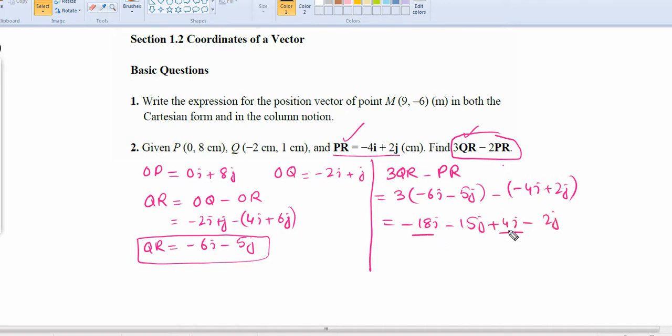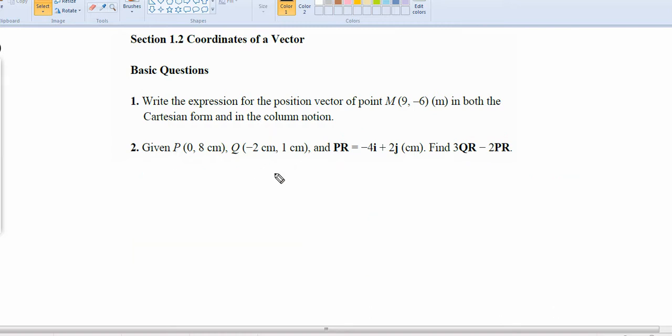So negative 18i plus 8i will become negative 10i, and negative 15j negative 4j will become negative 19j. So my expression 3QR minus 2PR will become equal to negative 14i negative 17j. So this is how we will do this question number 2.